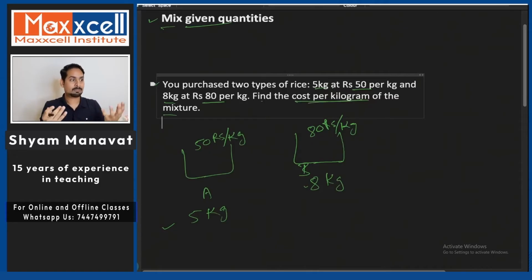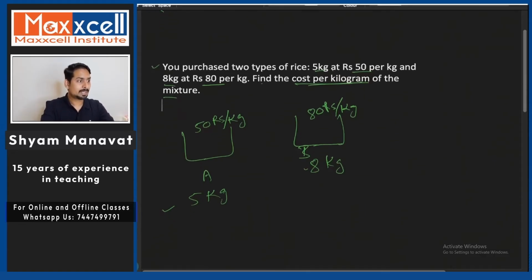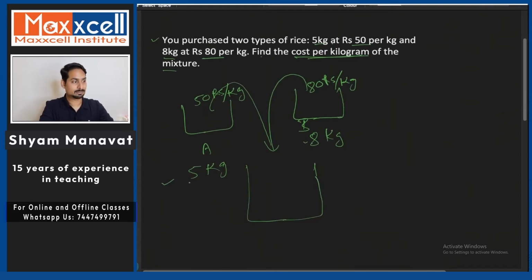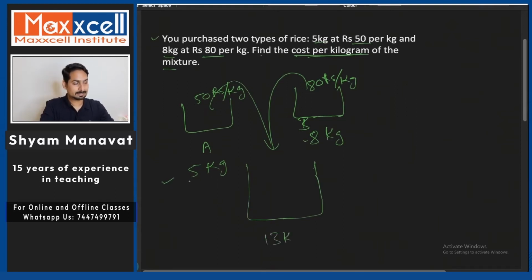If you mix both of them, you will get a total of 5 plus 8, which is 13 kg. And for this mixture, we need to find out the price per kg.